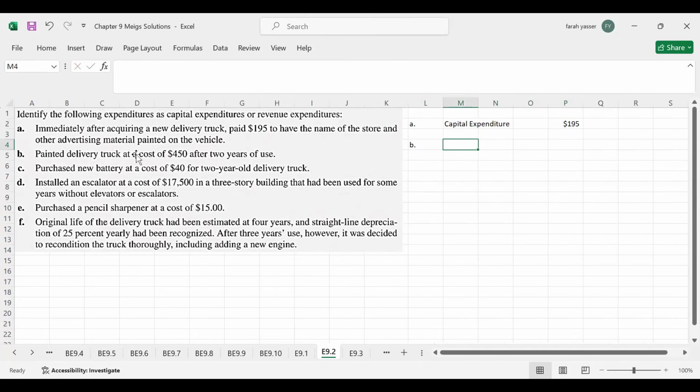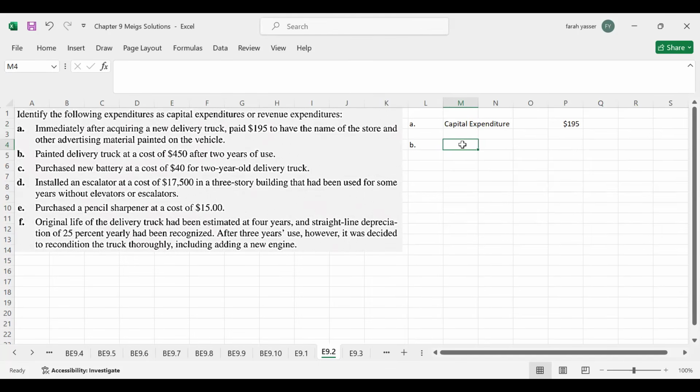Then part B: painted the delivery truck at a cost of 450 after 2 years of use. Remember, whenever you purchase any asset for the first time, or a new asset, and you paint it, then this becomes a capital expenditure as in case A. Whereas in case B, you can see that the delivery truck was painted again, but after 2 years of use.